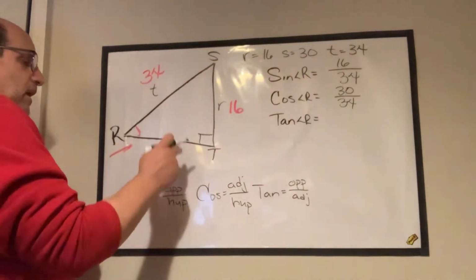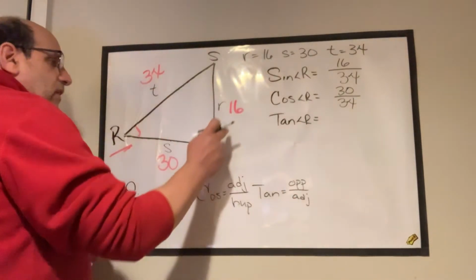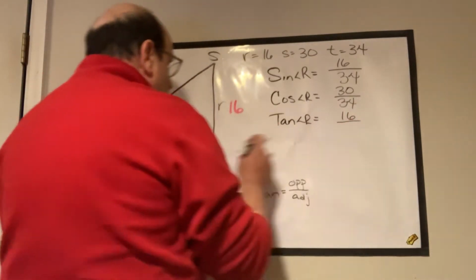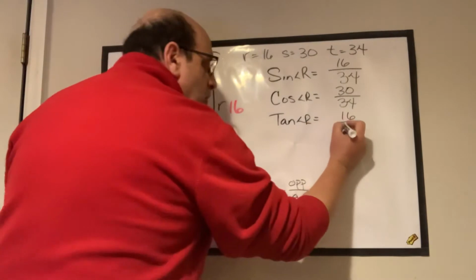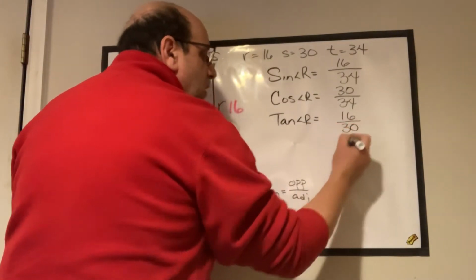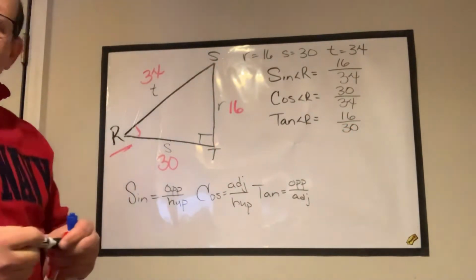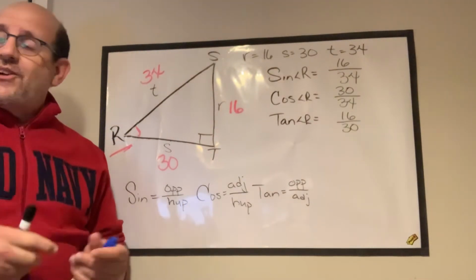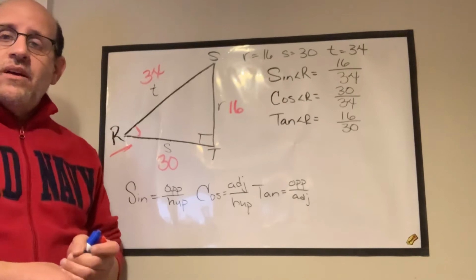And then tangent, of course, is opposite over adjacent, the opposite side being 16, and the adjacent side being 30. I went through that pretty fast only because we've gone through this a number of times, and I don't think we need to go through it any more.